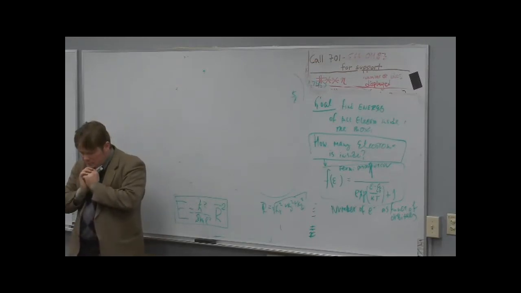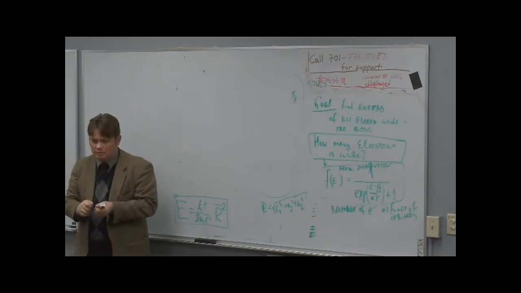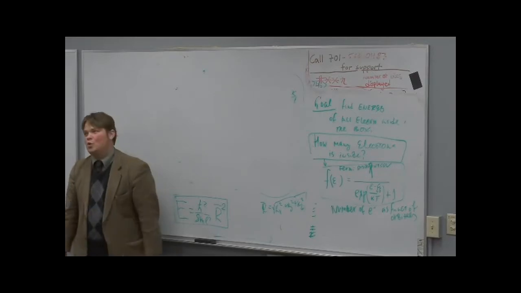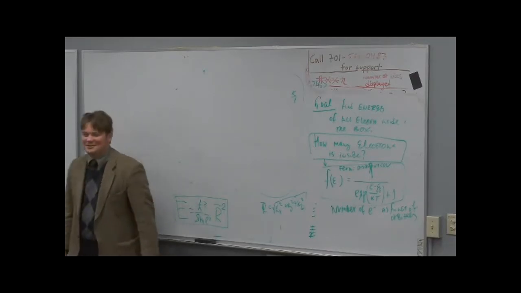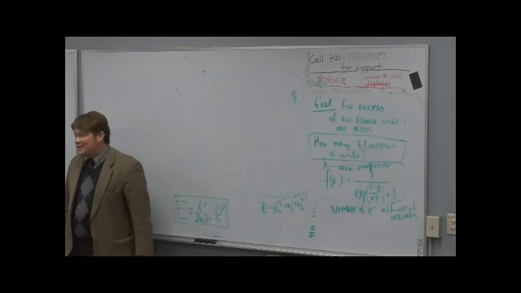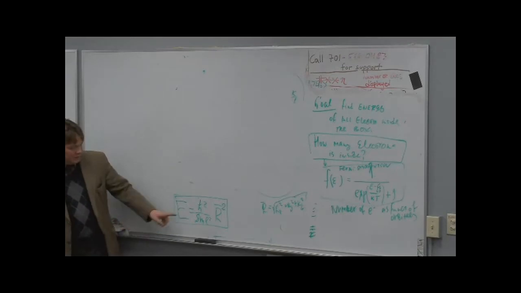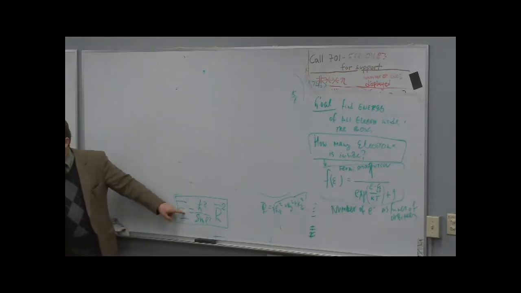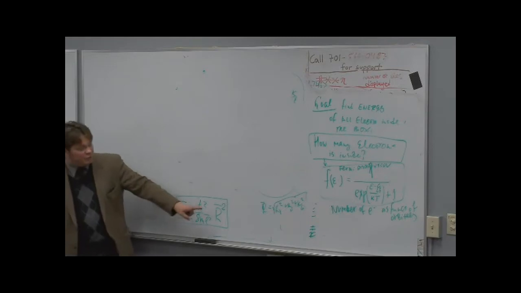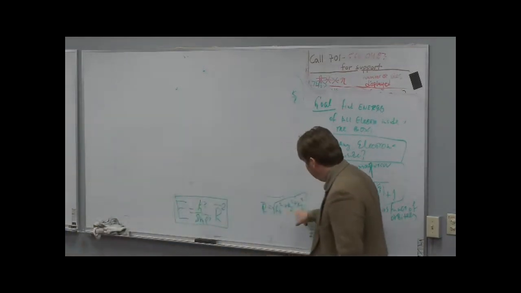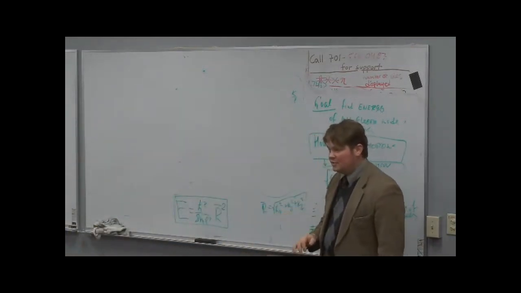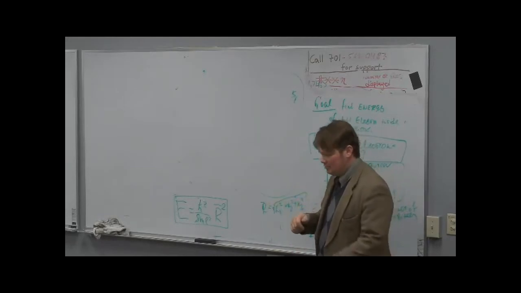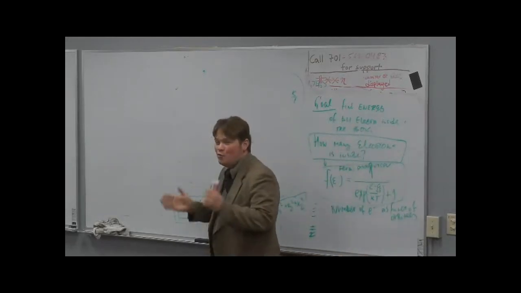So we need to count the degeneracy. I was seeking this word for 5 years. So we will count the degeneracy, which means how many orbitals have this energy. Because there is an ambiguity. There are different values of these quantum numbers that generate the same energy. Okay, at least we know whom we are hunting.